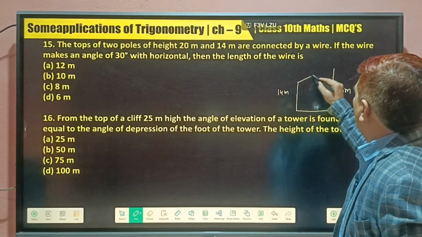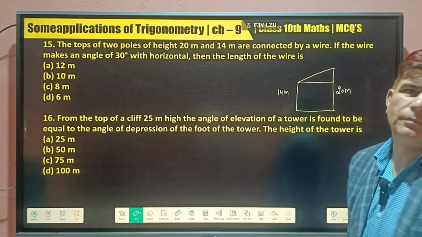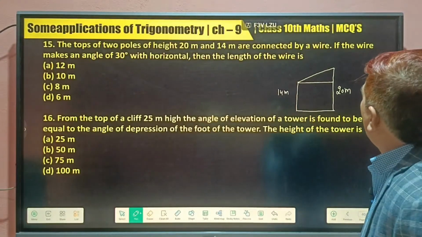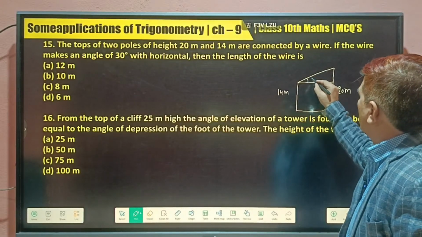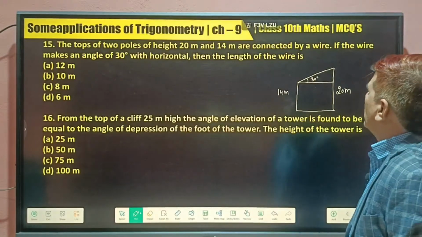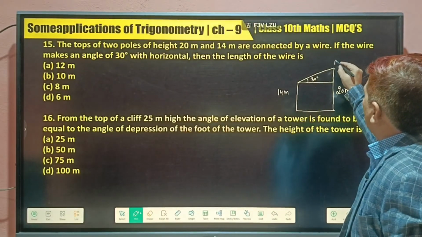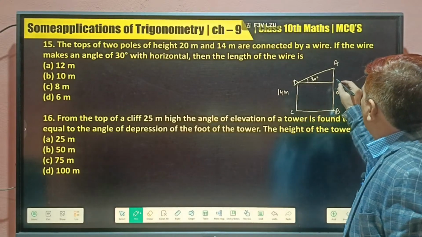So they are connected like this. We will join like this also. Understood? Connected by a wire. If the wire makes an angle 30 degree with the horizontal, this angle is 30 degree. Then the length of the wire. So length of the wire is this, A, B, C, D, and this is E.